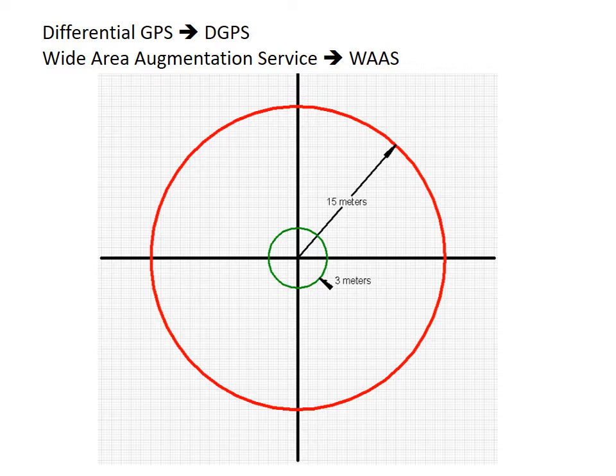WAAS is the most widely available system for differential GPS augmentation in the United States, and it's free. WAAS stands for Wide Area Augmentation System. If your GPS is WAAS enabled, you can be 95% confident that your true location is inside this green circle. Why the difference?